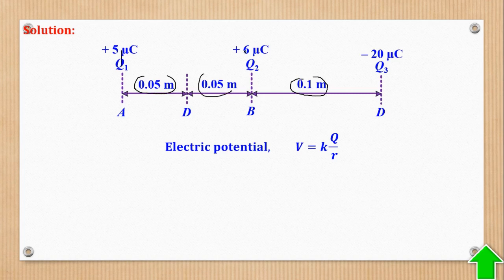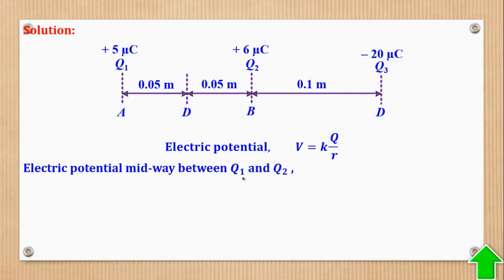So Q1 was this, Q2 was this, Q3 was this. And the formula first is quoting the formula for electric potential. I think you know what K means. It is 1 over 4 pi epsilon naught. So this is a short way. If I replace 1 over 4 pi epsilon naught, I'll come up with K Q over R, where Q is the fixed charge. So with that, I can get electric potential midway between Q1 and Q2.